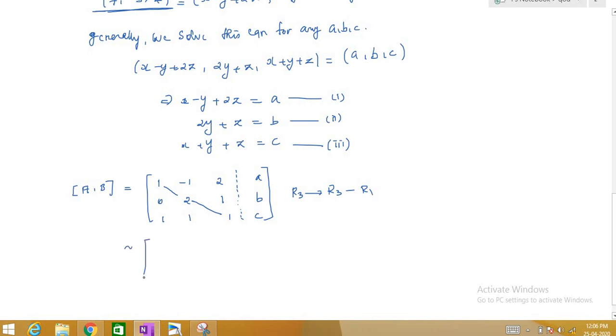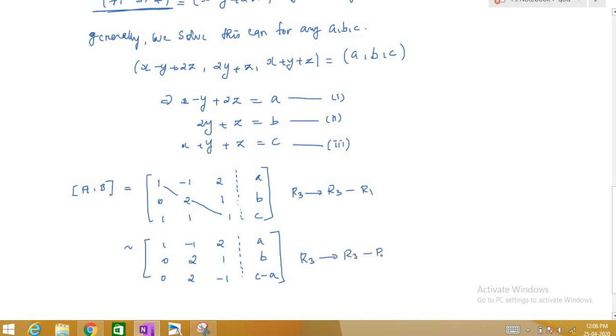The first two rows remain as they are: 1, minus 1, 2, a; and 0, 2, 1, b. The third row becomes 0, 2, minus 1, and c minus a.